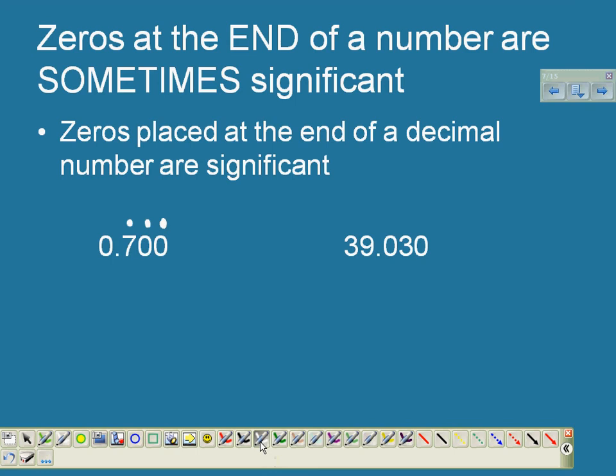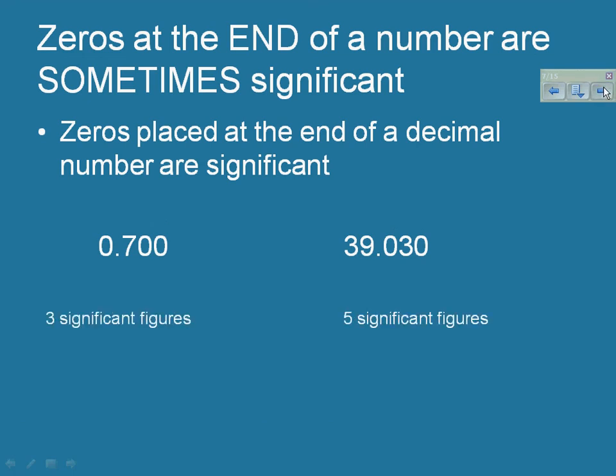With 39.030, start with the 3, count to the end of the number because the decimal is present. Three sig figs in 0.700, 5 in 39.030.